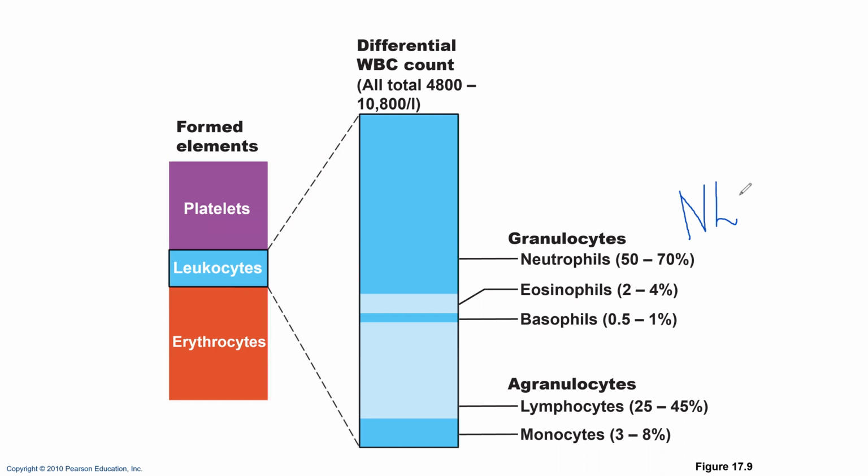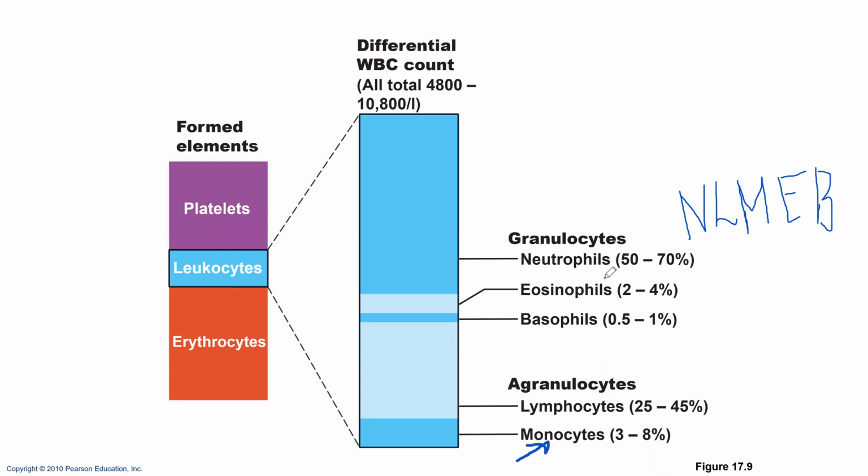Never let monkeys, that's M, eat bananas. So the most abundant leukocytes are neutrophils, and this is the letter N. Then the second most abundant are lymphocytes, so that's our letter L. Monkeys, M is monocytes.